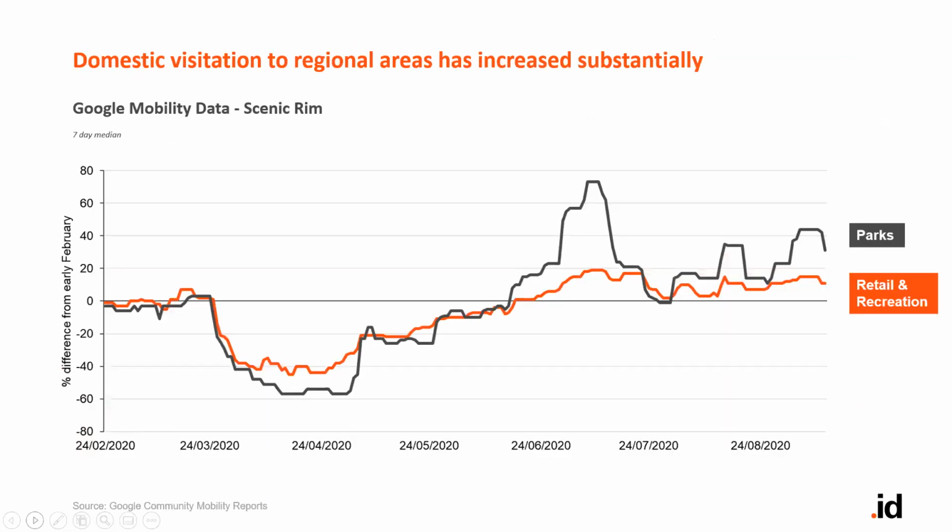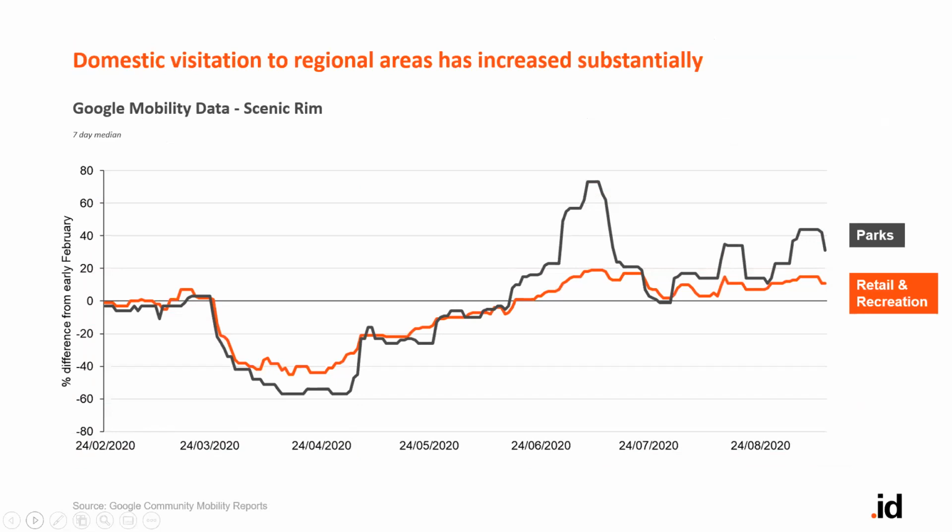Domestic visitation to regional areas has increased substantially. Those local government areas that have been able to tap into the domestic market quickly and really effectively have done extremely well during this crisis, and that is key.